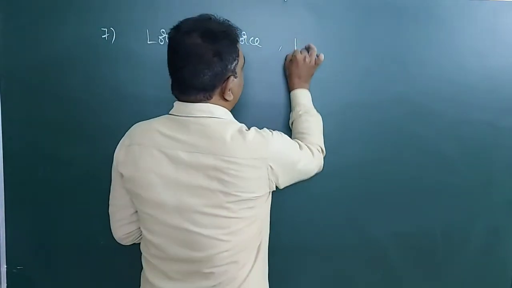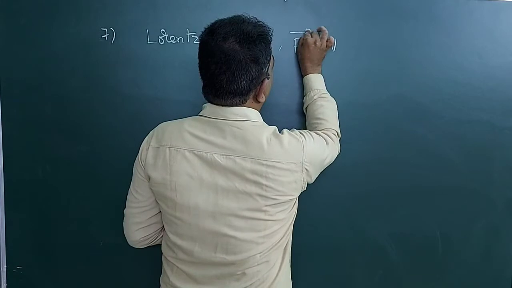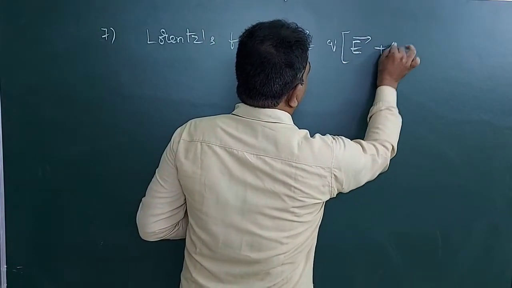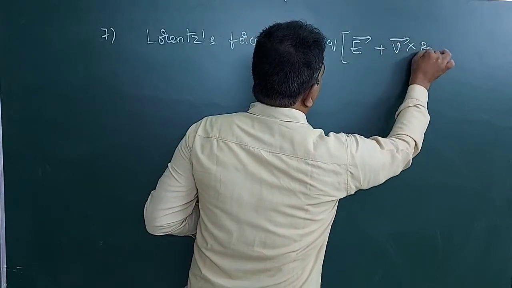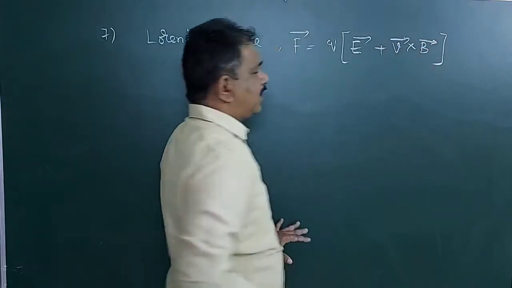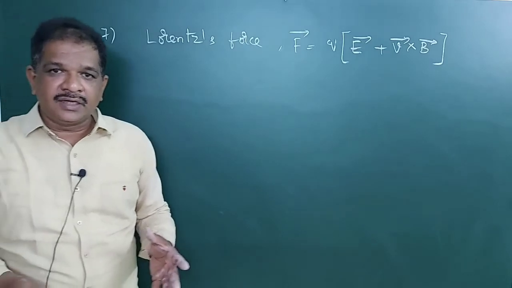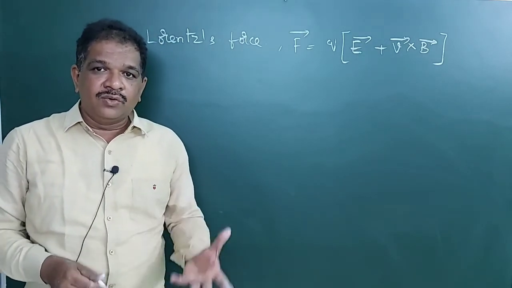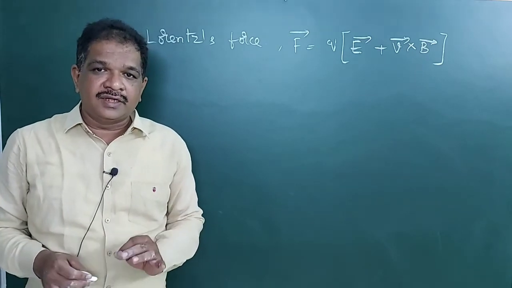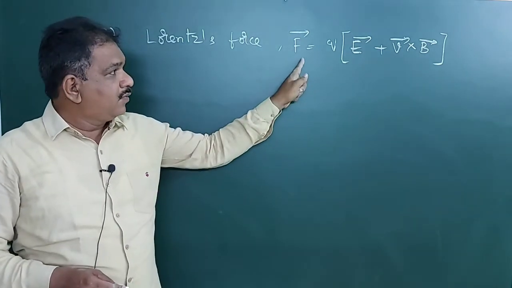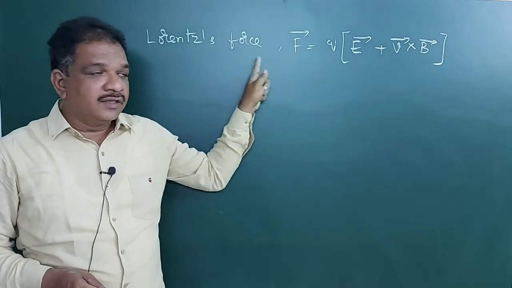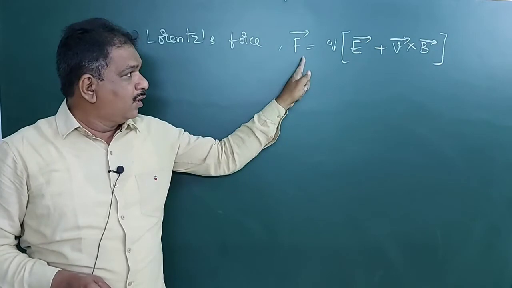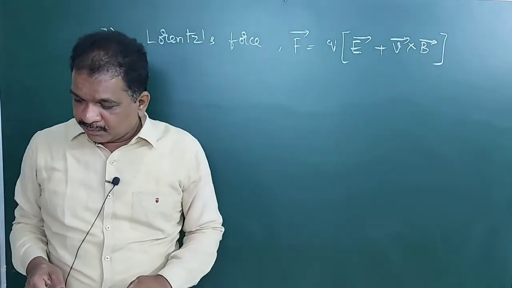Then F is equal to q into (E bar plus v bar cross B bar). The formula for this is this one.